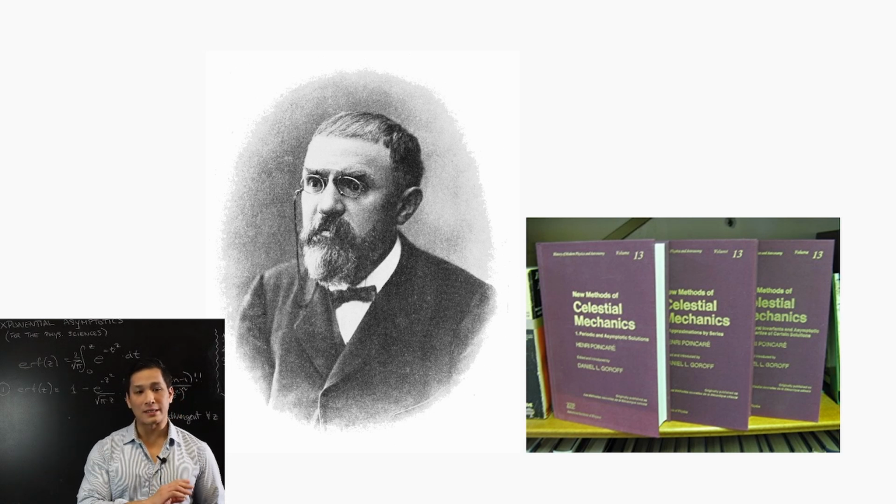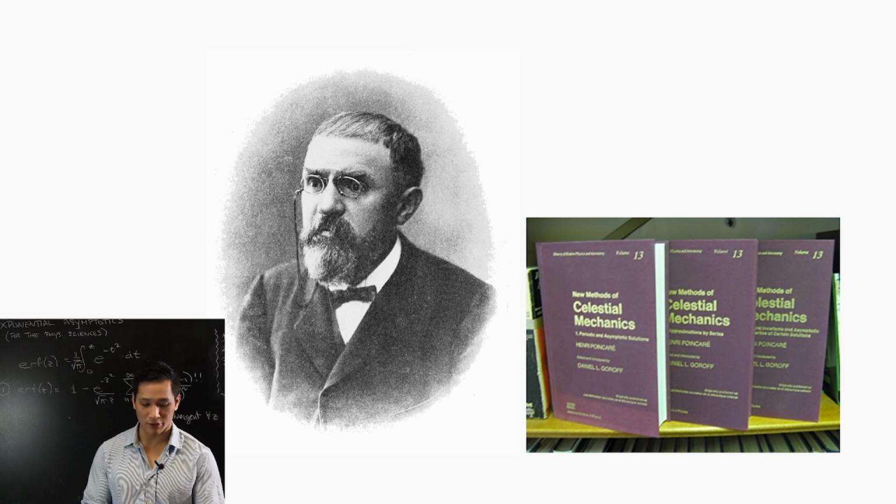Then in the 1880s, these two works, primarily by Stieltjes and Henri Poincare, tried to develop a more rigorous theory of what it meant for a series to be asymptotic. And Poincare today is known as coming up with the definition of an asymptotic approximation.